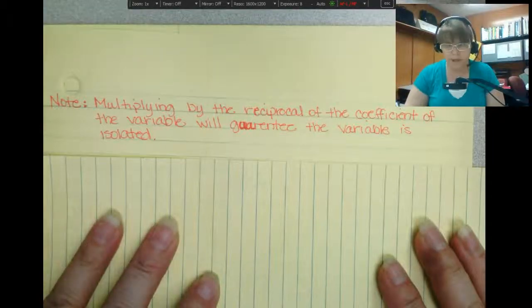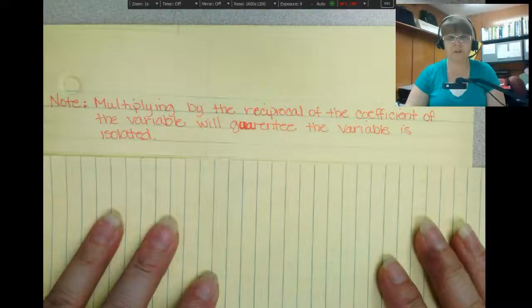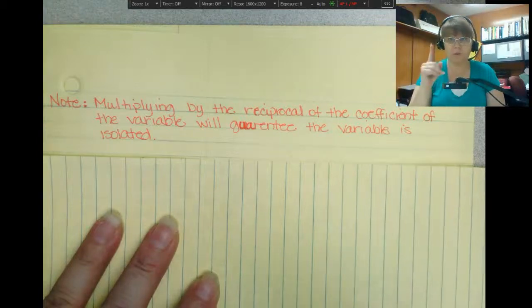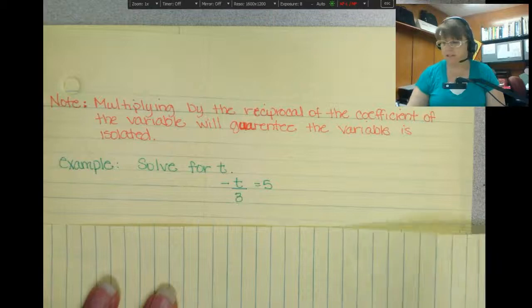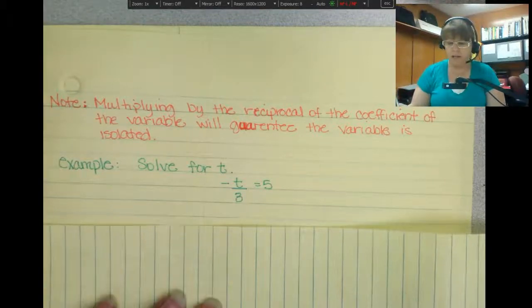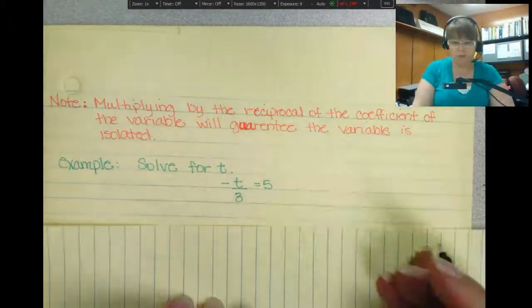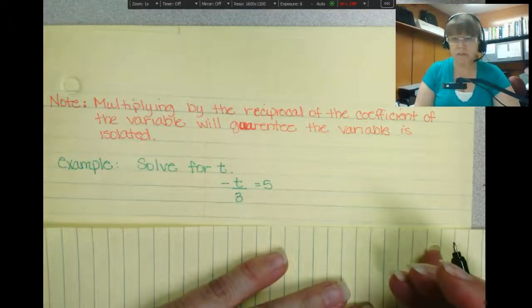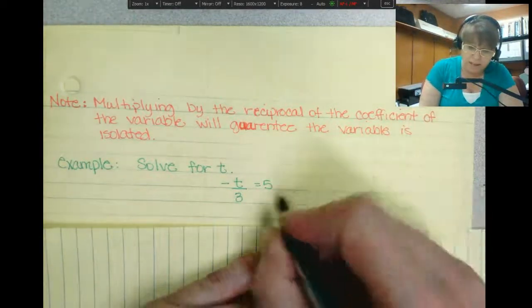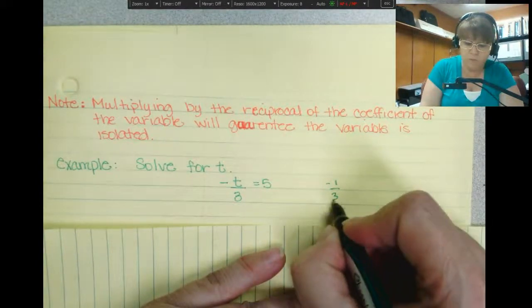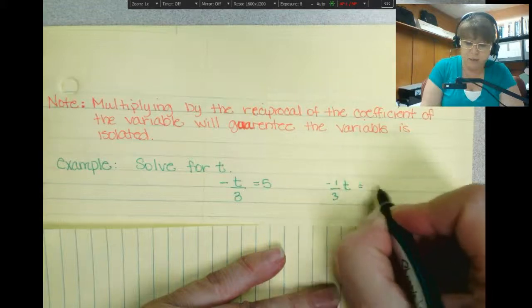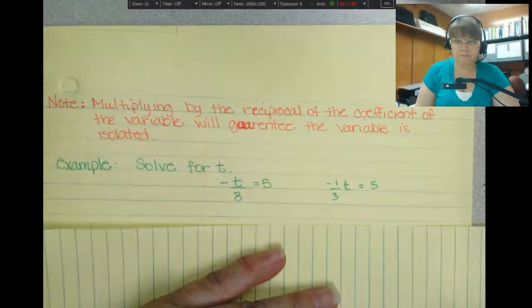So just to reiterate, multiplying by the reciprocal of the coefficient of the variable will guarantee the variable is isolated, meaning I only have one left. Okay. Let's solve for t in this instance. I'm going to rewrite my problem to where it looks like I do have a coefficient versus a fraction. Negative t over 3 is the same thing as negative 1/3 t equals 5.